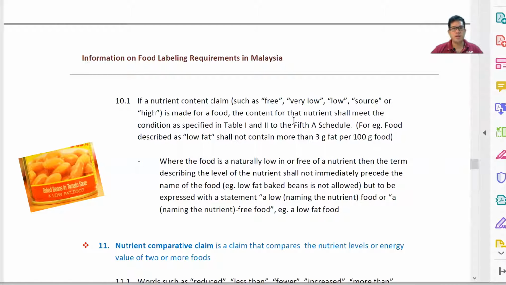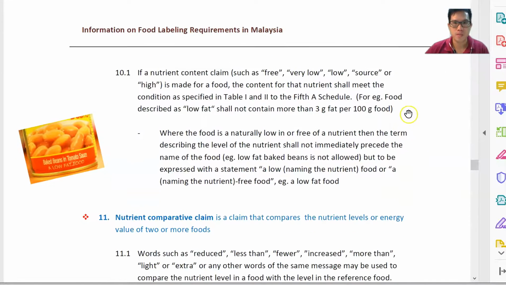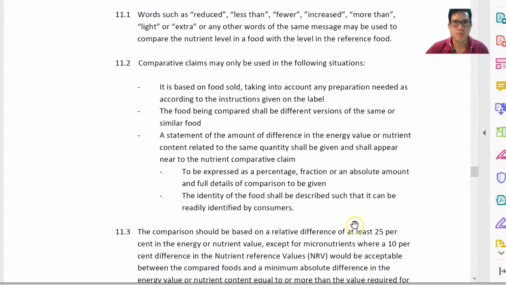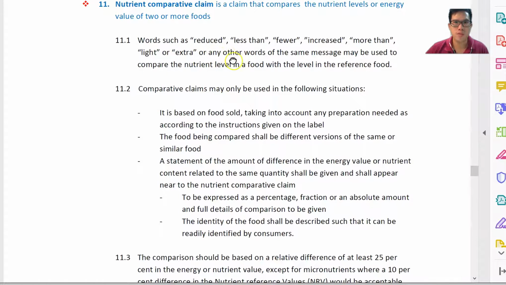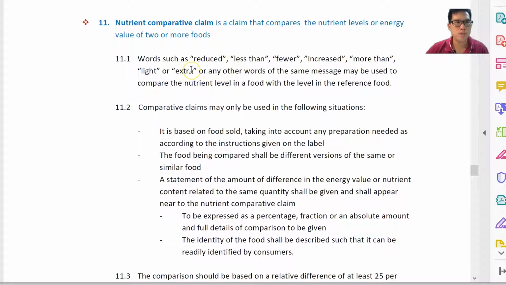You can't say that, because vegetable is basically very little in fat, so you cannot have an extra claim that says it's a low fat food. Comparative claims, reduced, all these are very sensitive, because all this legislation is to safeguard the interests of consumers, for their safety, as well as not being deceived by the manufacturer.